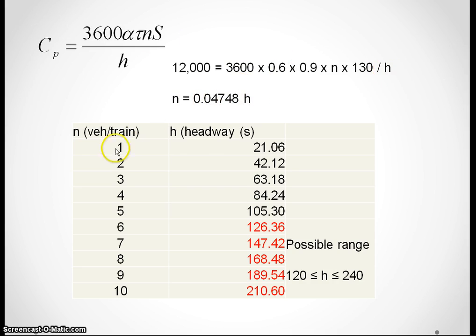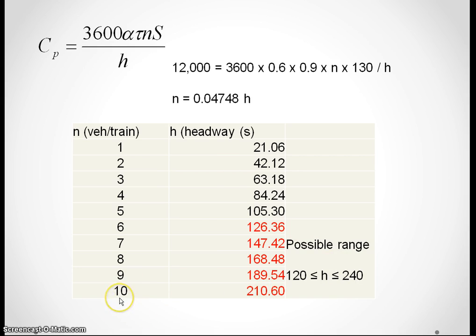So if we put one coach per train, the headway is 20 seconds. If we put 6 vehicles per train, the headway is 126 seconds. If we put 10 coaches per train, you can have 210 seconds headway.